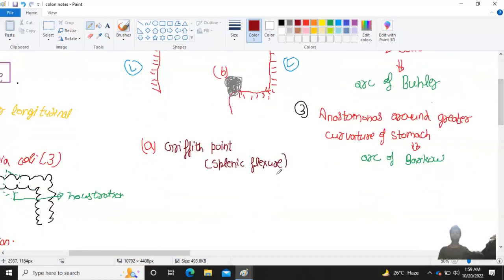Then B is called Sudeck's point, which is the sigmoidorectal junction. Done. So these are the 2 points. These are important points.